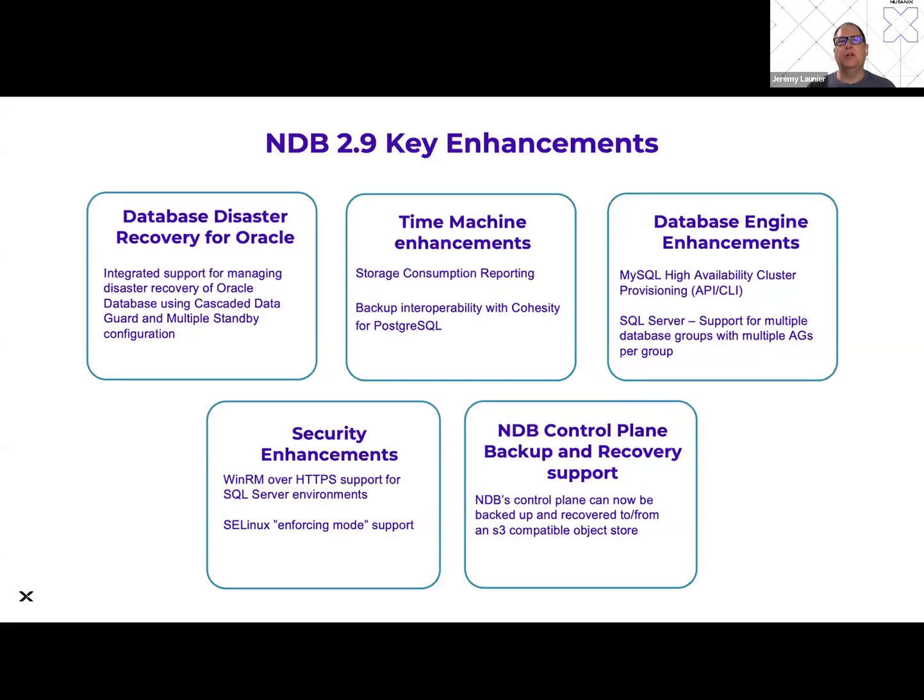So a lot more information about how much storage is actually being used behind the scenes, not just for the primary storage that the database is using, but also for any underlying backups that are related to that data.